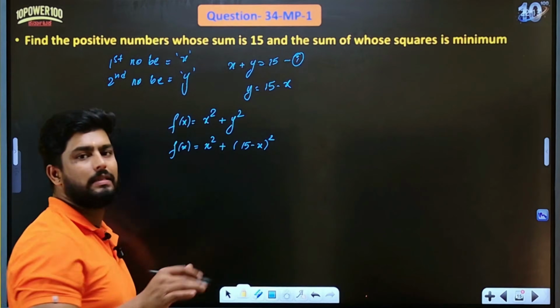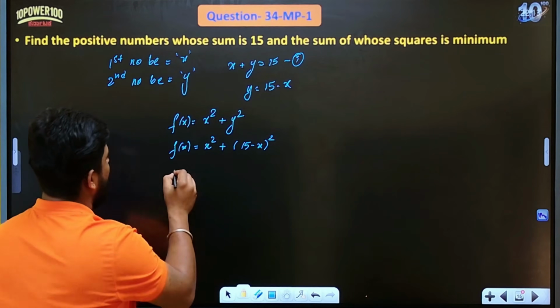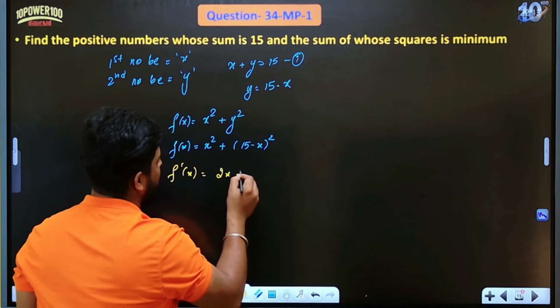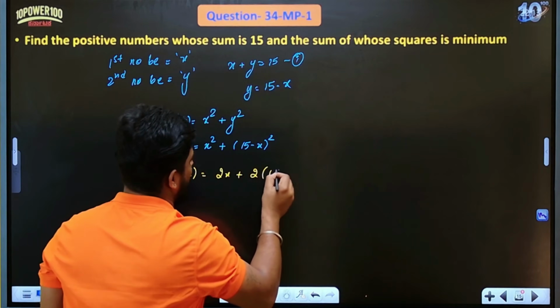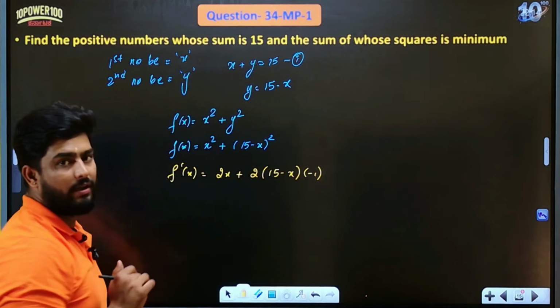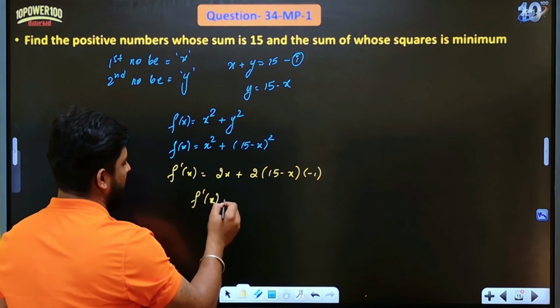So follow the methods of maxima and minima. So find f dash of x. If you find f dash of x, you get 2x plus 2 of 15 minus x into minus 1. So this minus 1 is important. Okay, if you miss it, it will be difficult. So then take f dash of x is equal to 0.